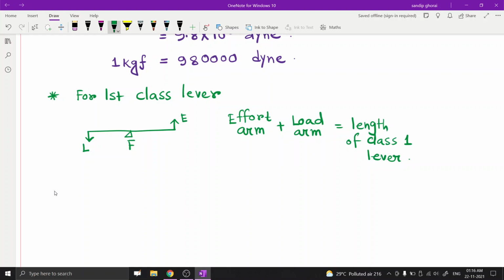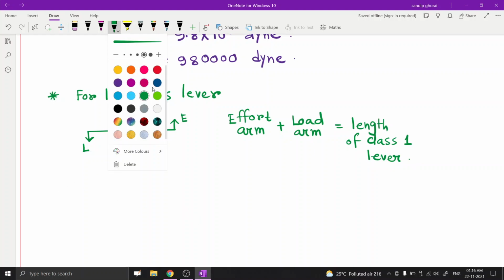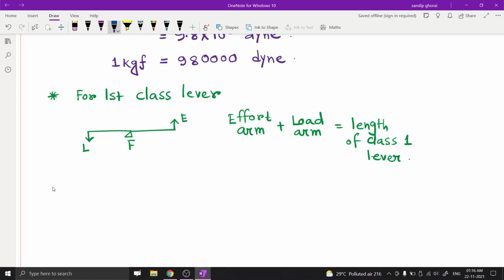Similarly, if we draw the block diagram of the second class lever, in this second class lever one end is the fulcrum and another end is the effort, and the load is placed between fulcrum and effort.